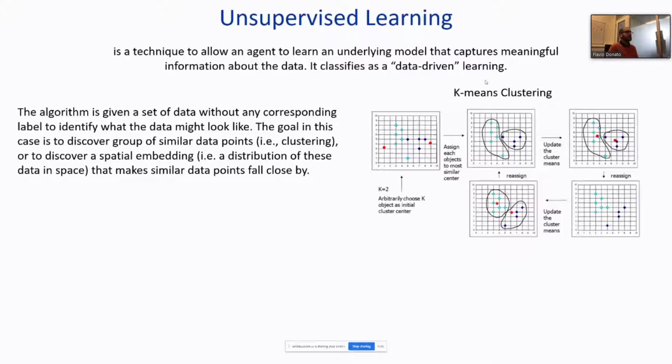So the algorithm is given a set of data without corresponding labels. The goal is to discover groups of similar data points, for example clustering, or to discover a spatial embedding, so a distribution of these data points in space that makes similar points fall close together in space. For example, K-means clustering works like this. You choose that these data should be divided into a certain number of clusters, and this is sort of an arbitrary decision, but you can do this also in a more systematic way.